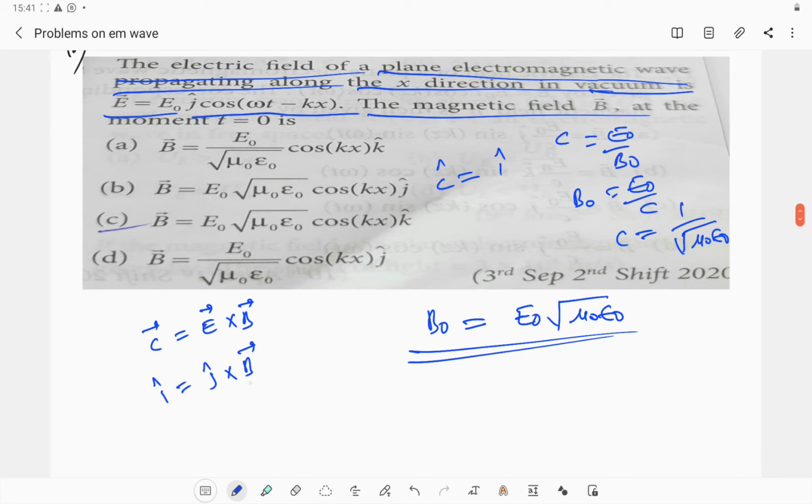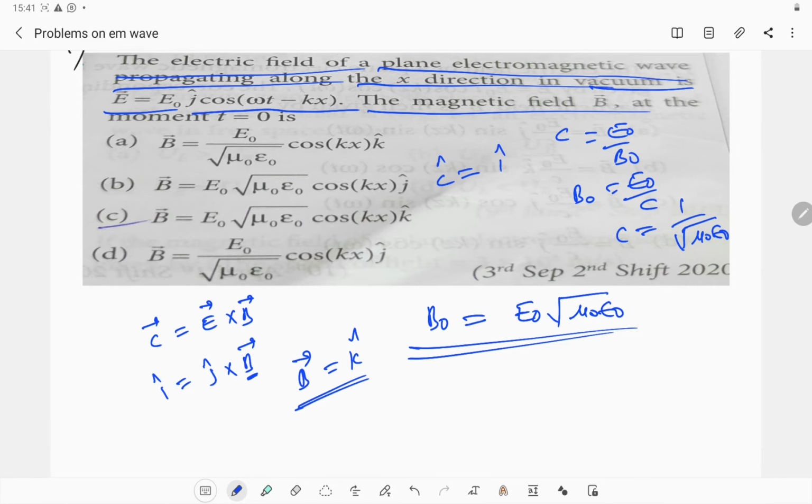See here, J cap cross B cap. Therefore, J cap cross K cap is equal to I cap. Therefore, here B cap is equal to K cap. This is the direction of the magnetic field.